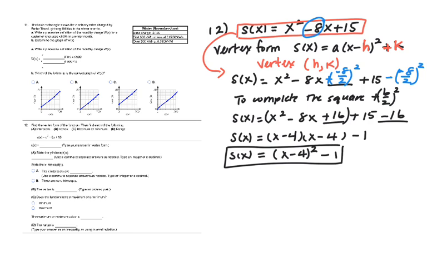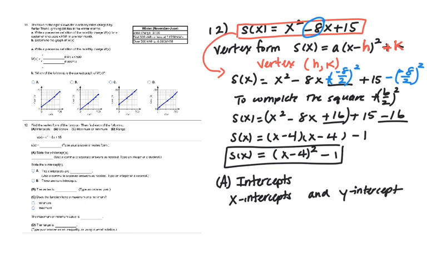Part A says to find the intercepts. By intercepts, we mean both the x-intercepts and the y-intercept. The x-intercepts are found by setting the function f of x equal to 0, and the y-intercept is found by evaluating the function at 0.